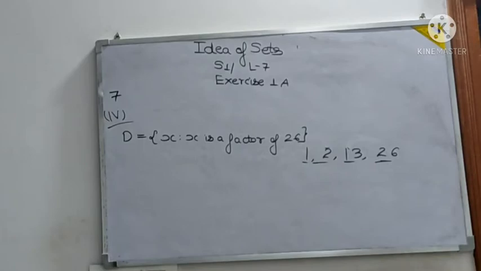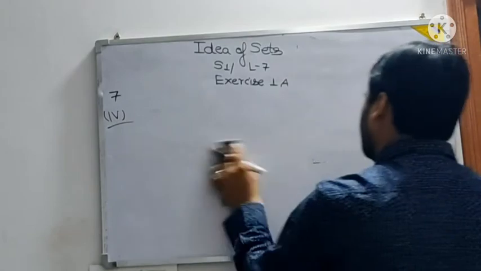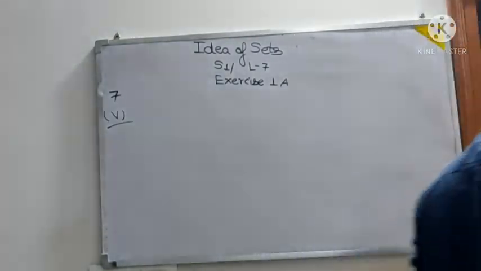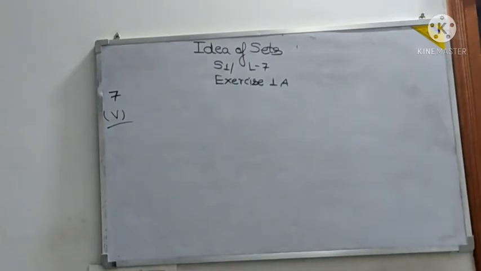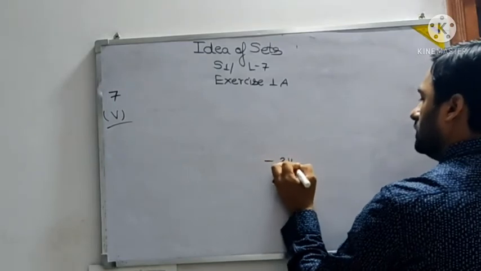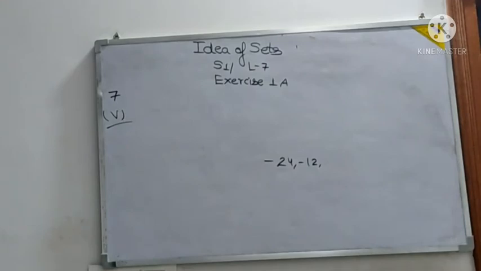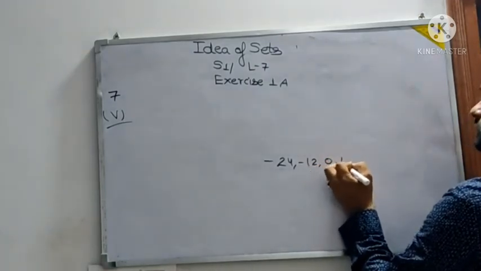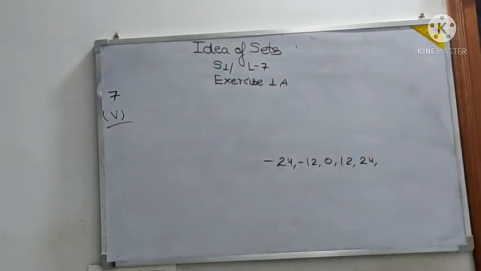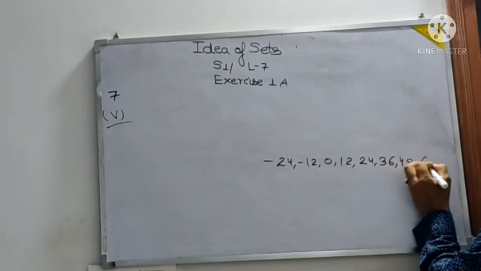Clear to all? Next is the fifth part and the last part also. What is the series given here? Minus 24, minus 12, 0, 12, 24, 36, 48 and 60.